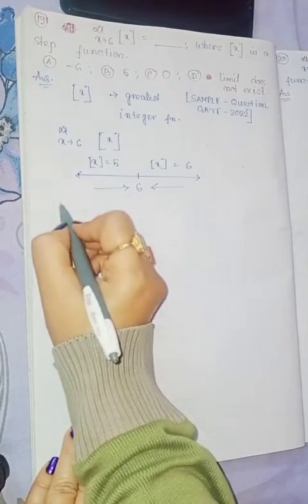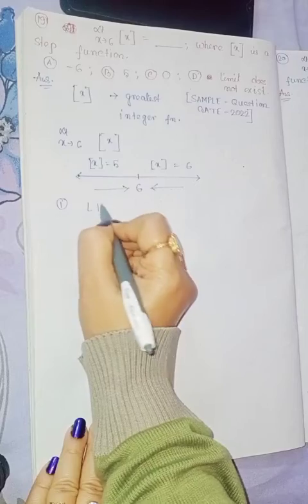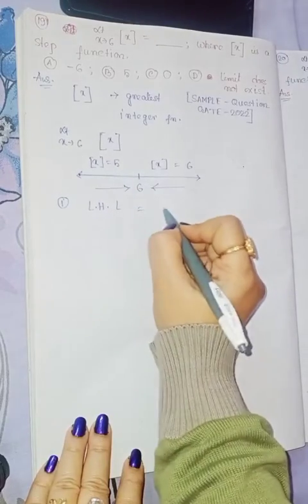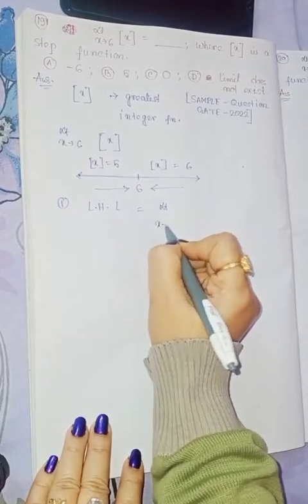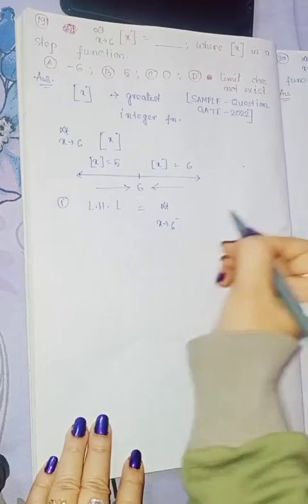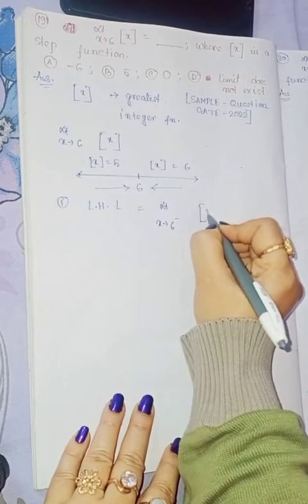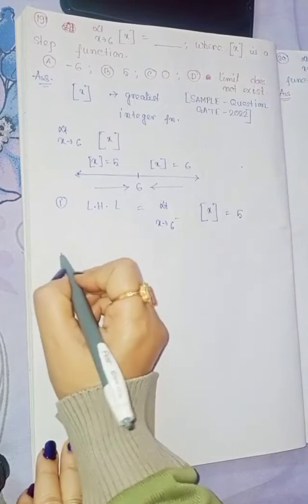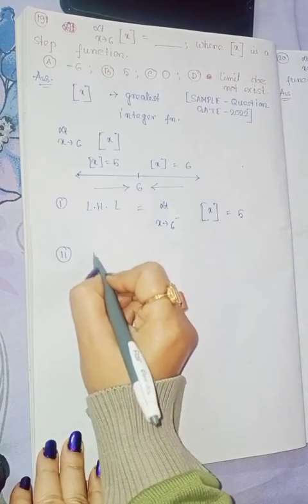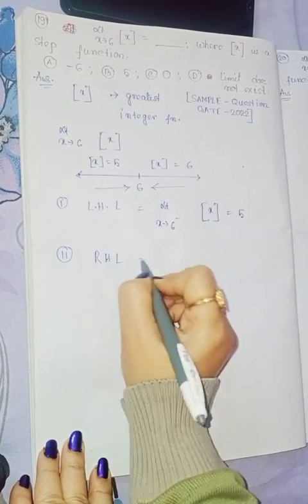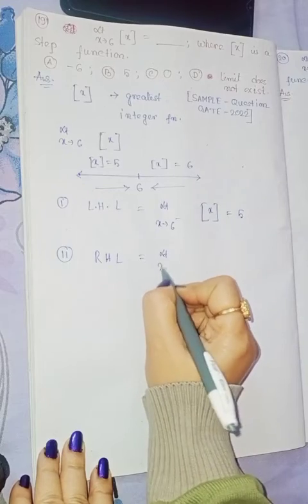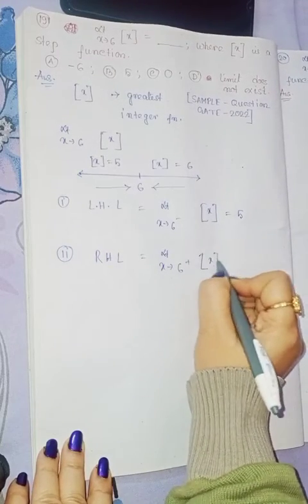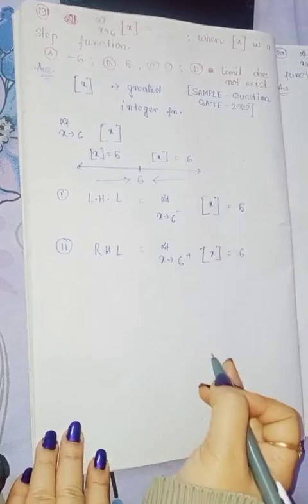So now condition 1, left hand limit: limit x tends to 6 minus of floor of x is equal to 5. Condition 2, right hand limit: x tends to 6 plus of floor of x is equal to 6.